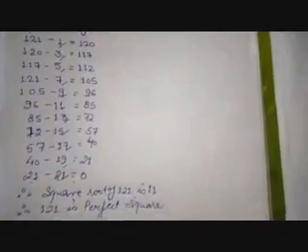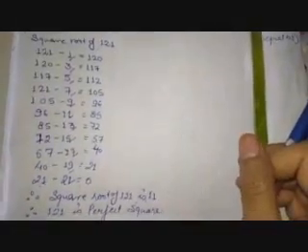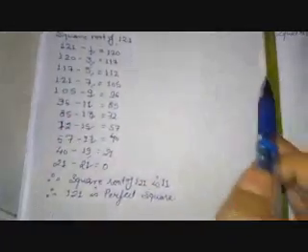So let me explain this question in an easy way. What we are supposed to do is take the number, subtract the first odd number, and we will get an answer. We will write this answer here.